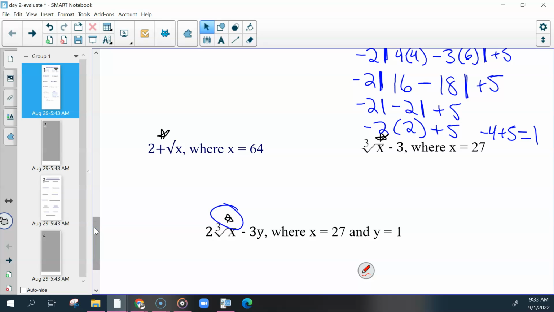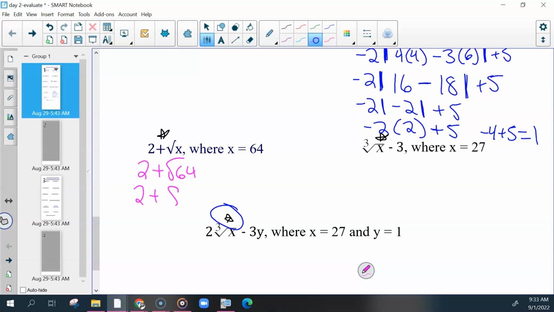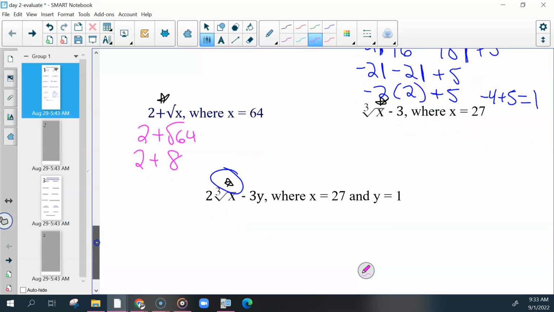For this next one, 2 plus the square root, it looks like a division symbol, but that is your square root, where x is 64. So if we were to put that in, you're going to get 2 plus 8. And then you're going to add 2 plus 8, and you're going to get 10.